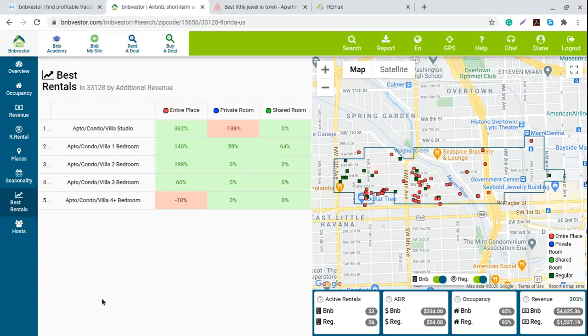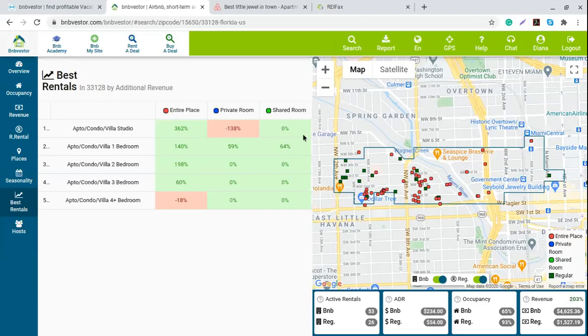And you can also see right here which type of properties are going to give you the best additional revenue, okay, based on the percentage for the difference of the revenue right here. So in this area, apartments that are studio types that are being rented as an entire place are going to give you the best additional revenue, okay, compared to private rooms and compared to share rooms.